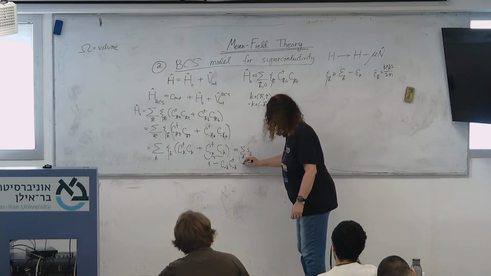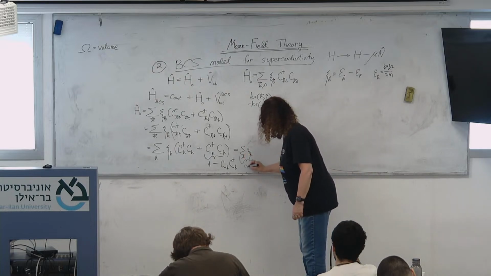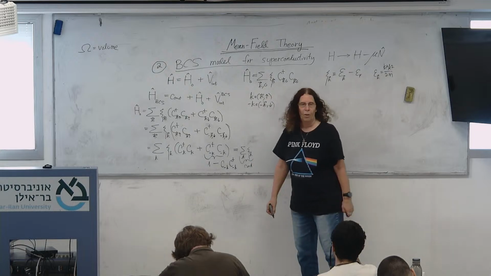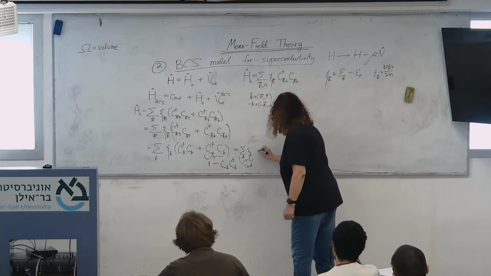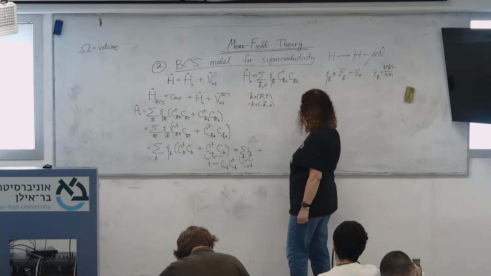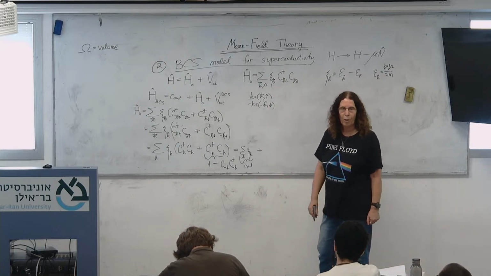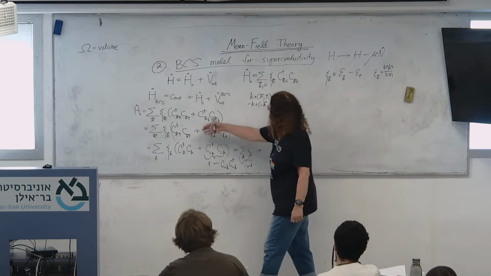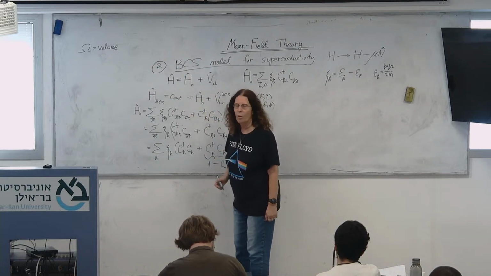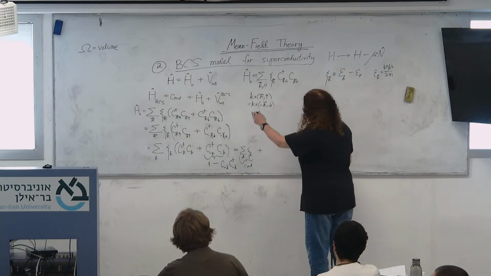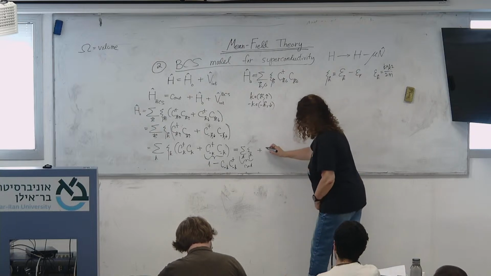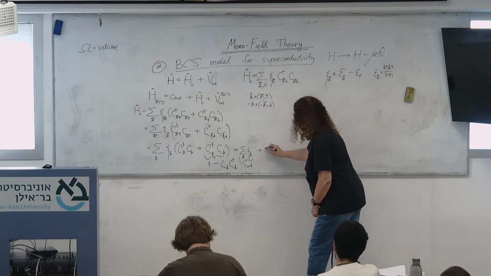That's a constant. Plus whatever I'm left with, and that's the part that I want to keep, because the constant I can throw away into the other constant, which I still didn't derive.